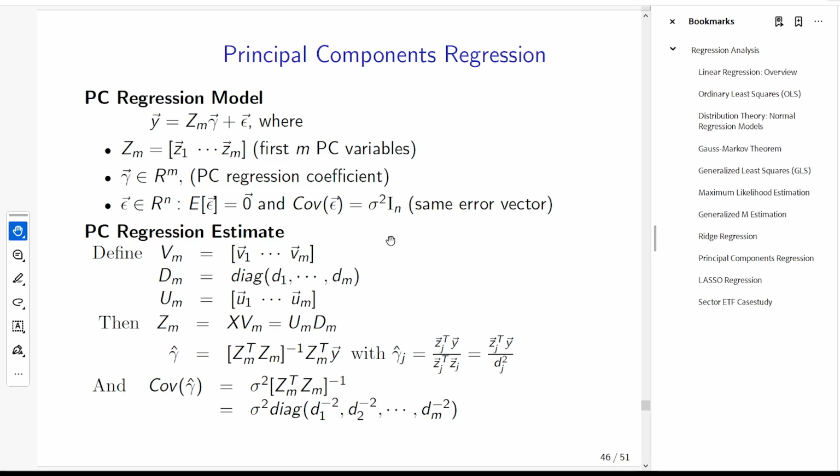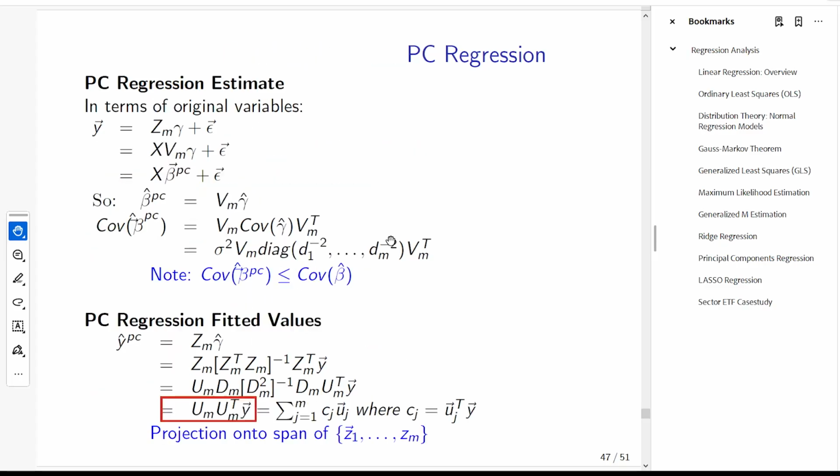If we do this, we can see some easy formulas for the estimates. Ultimately, we get fitted values of y from principal components regression, which are a projection of the y vector onto the space spanned by the first M principal component directions.